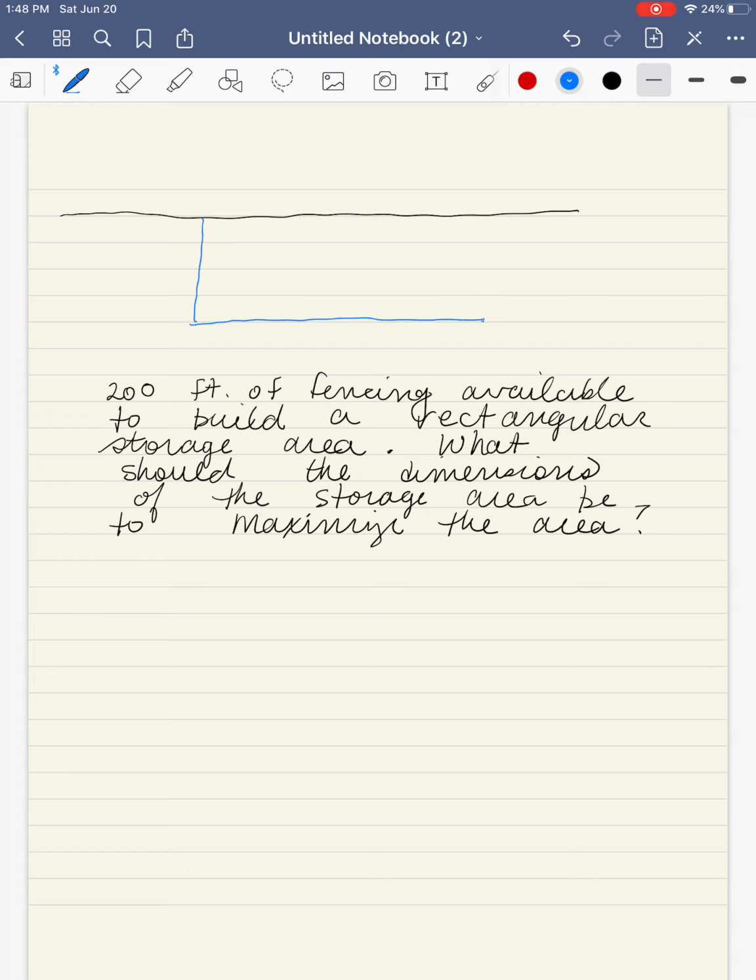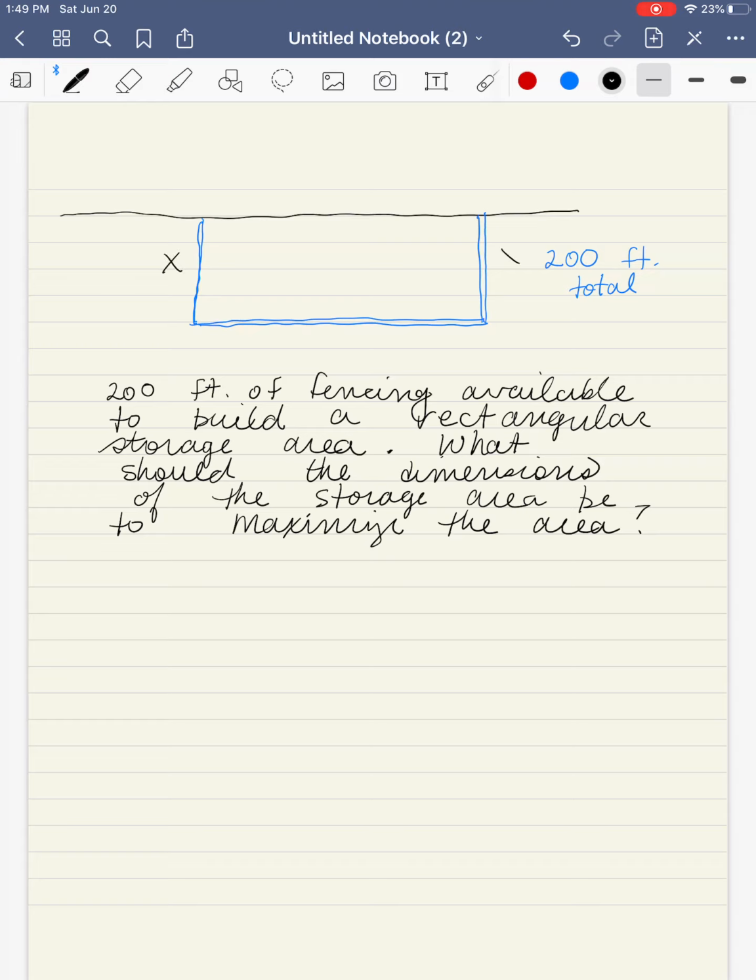So on this problem, what we're doing is we're building a storage area out here against the wall. The fourth edge is created by the wall of the building. So this length that we have here is the fencing. So we have 200 feet of fence total, all the way around.